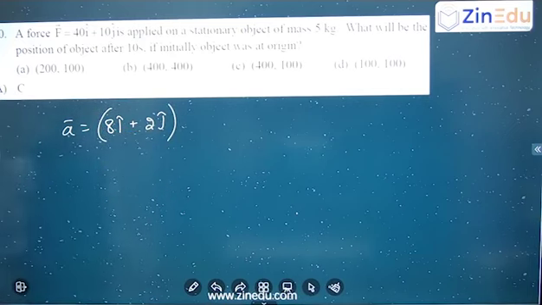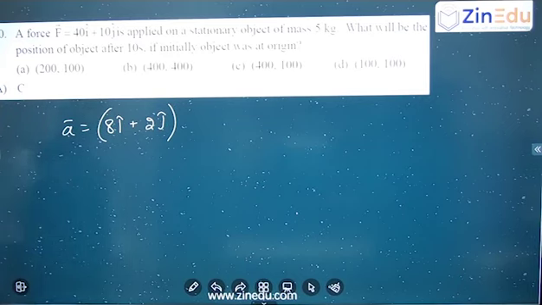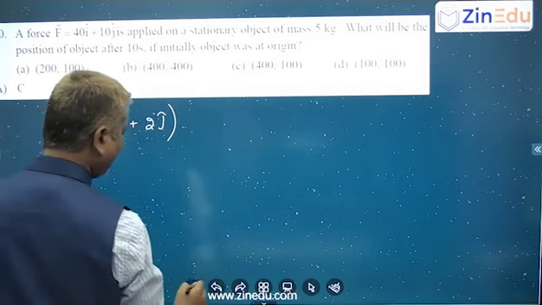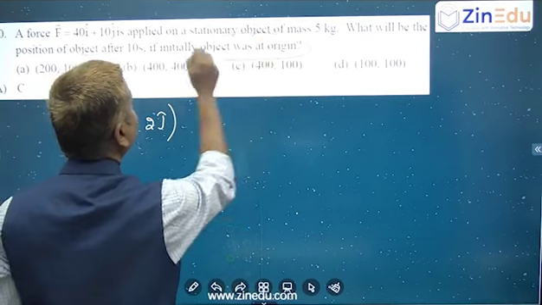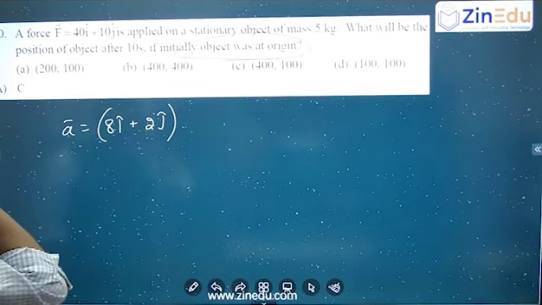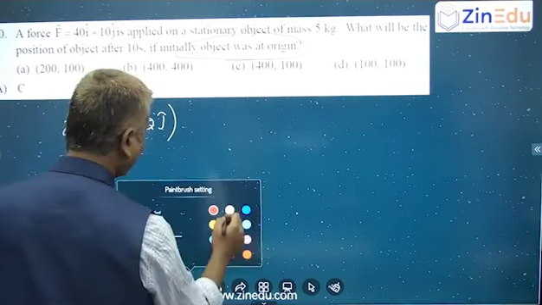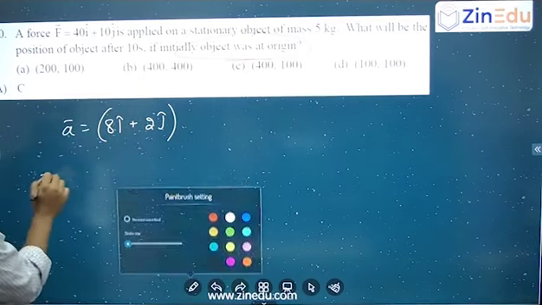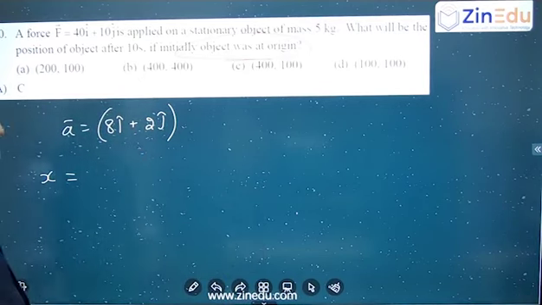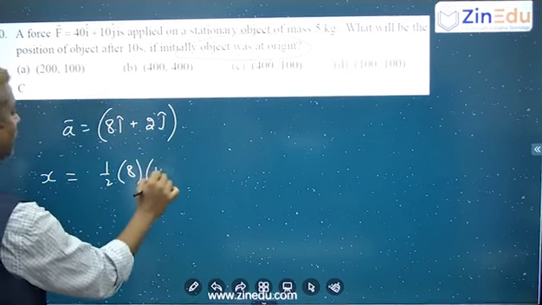Yes. So it is having a uniform acceleration in x direction also, uniform acceleration in y direction also. And initially the object is at rest. It starts from origin. So displacement in x direction is s equal to ut plus half at square in x direction, u is 0, half acceleration in x direction into t square.